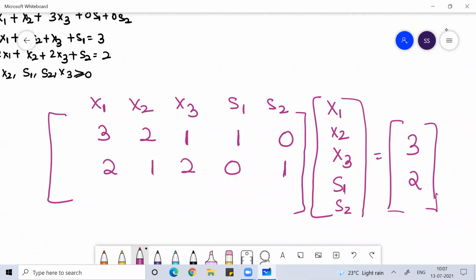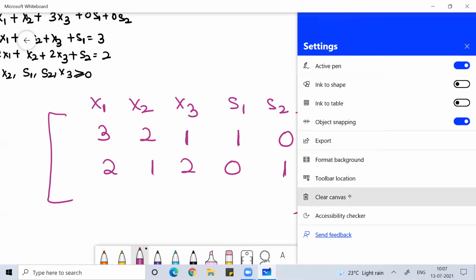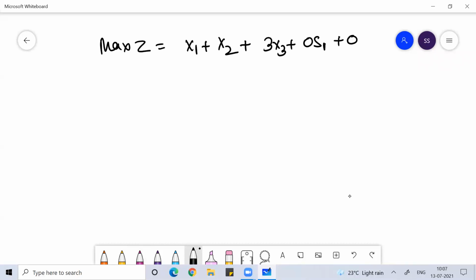Now we'll take the help of the iteration table to solve this problem. The problem is: maximize z equal to x1 plus 3x3 plus 0s1 plus 0s2, subject to constraints.